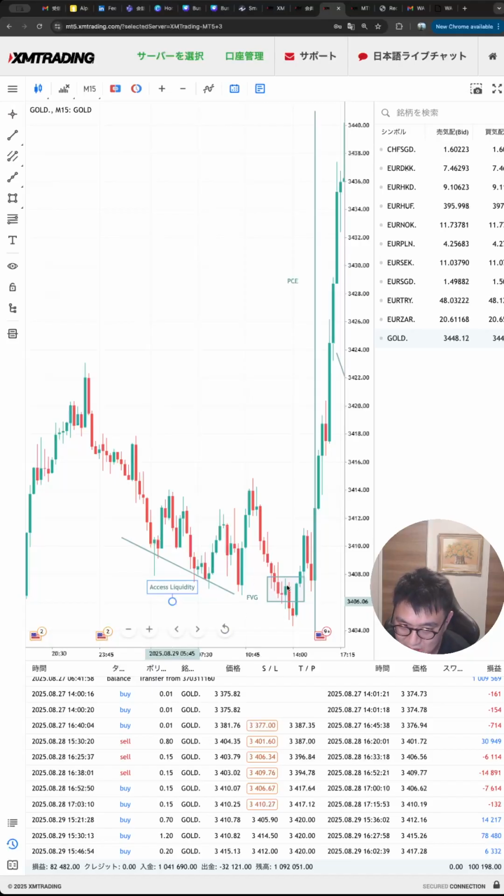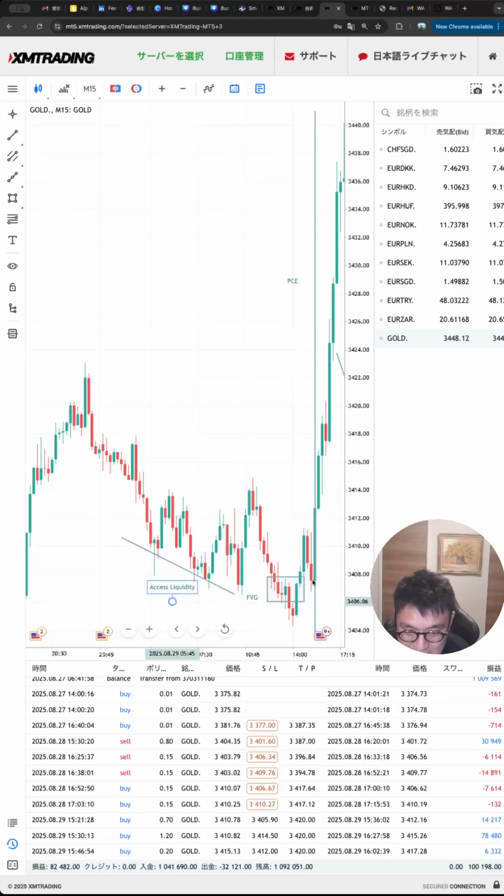And step 2 is about the FVG. I just drew a rectangle here, and it's an FVG, a fair value gap. Which means that after the liquidity sweep, the price reversed sharply upward and left behind an FVG, an imbalance in the market. And smart money often brings price back into this gap.